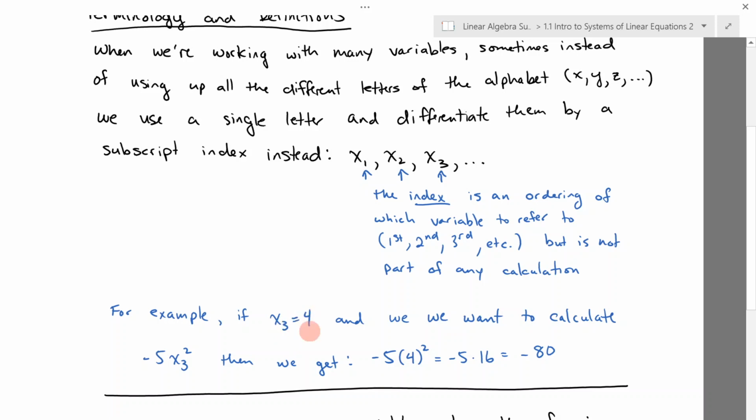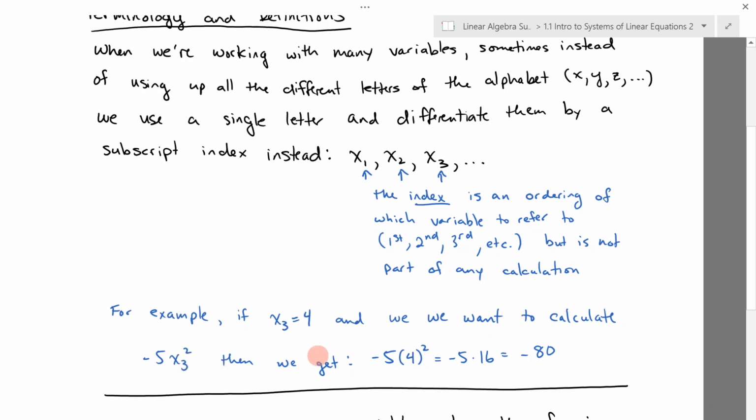So x3 is equal to 4, and say in some part of a calculation, we have something given as minus 5 x3 squared. You should read this as minus 5 times the variable x3 being squared.